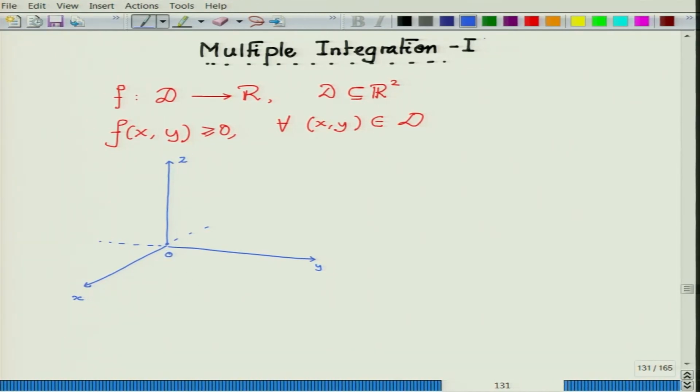Here is my domain D, and the function on the domain D is something like this, for example, taking non-negative values.